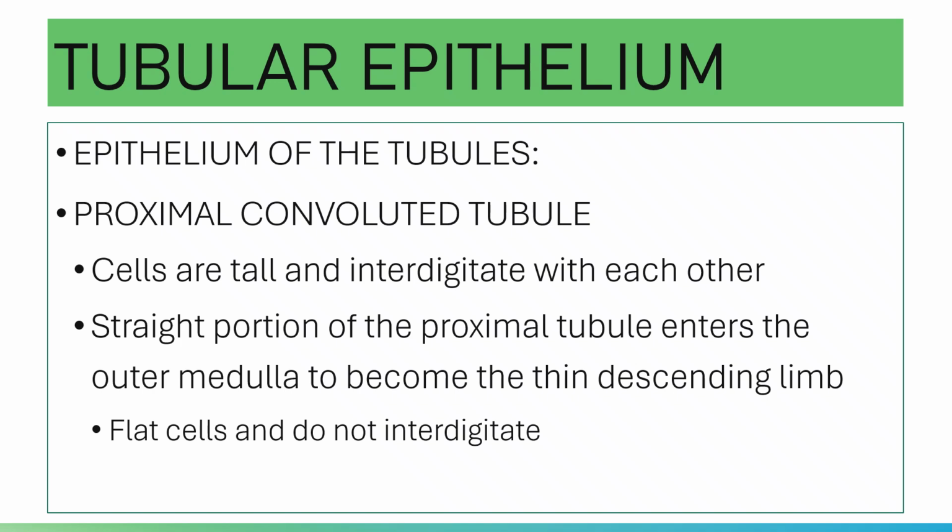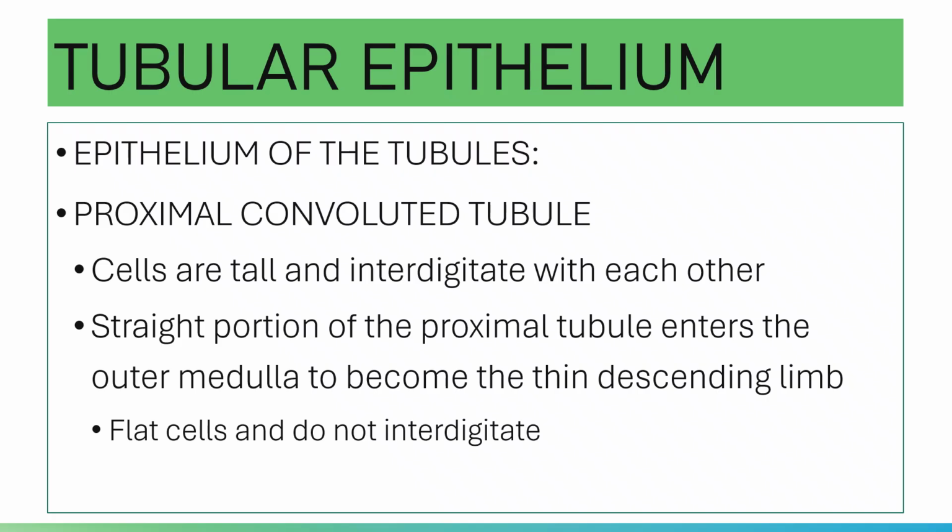And aside from that, your simple cuboidal epithelium has numerous mitochondria. Please note that when there are numerous mitochondria in a cell, it means the cell is active. It is doing a metabolic process.